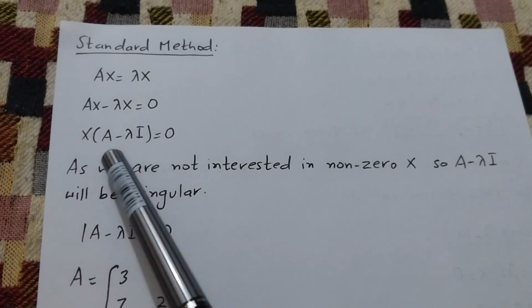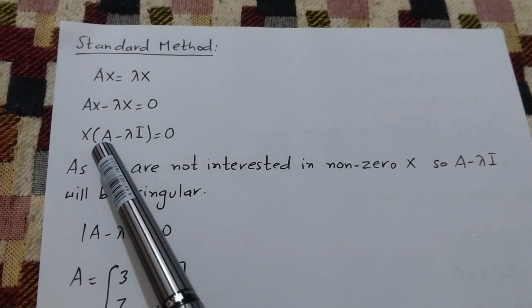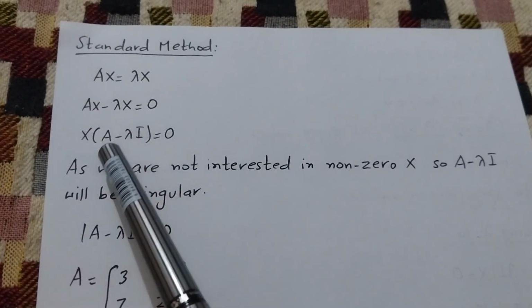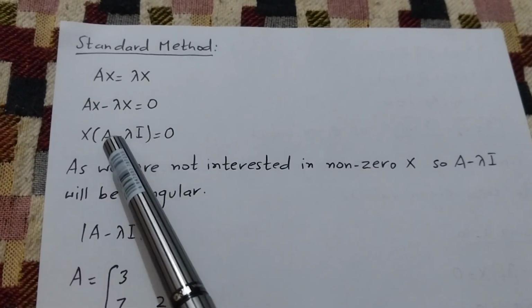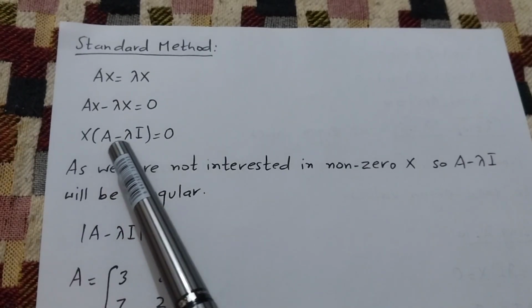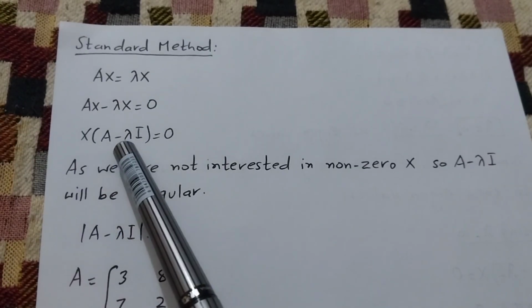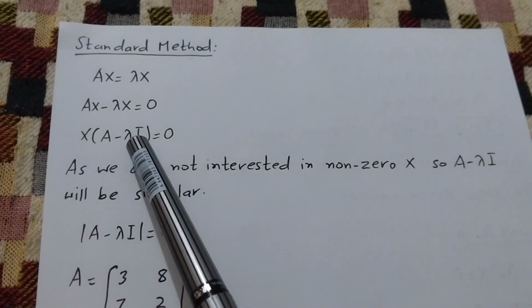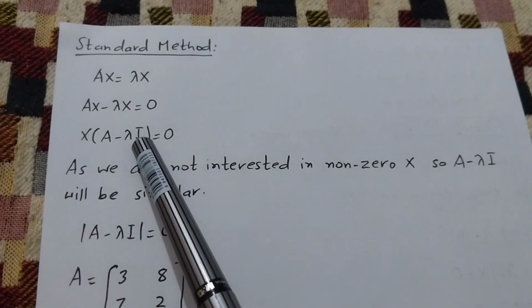We need to write I here because something is being subtracted from this A. A is a matrix and lambda is a scalar, so we can't subtract a scalar from a matrix. We need to make this scalar a matrix, so we'll multiply it with an identity matrix.